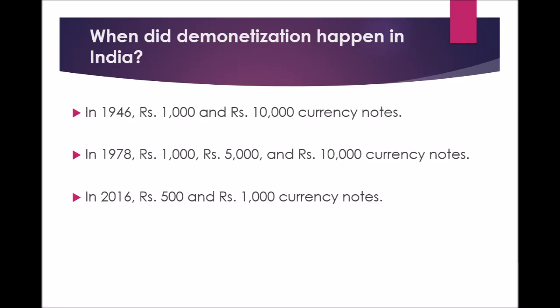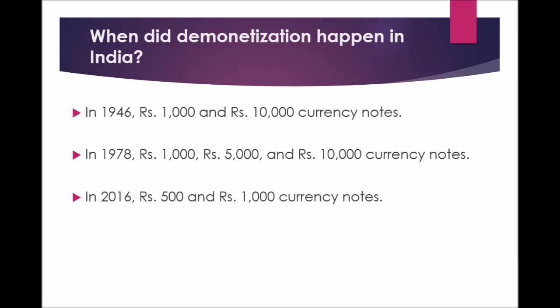So how many times did India experience demonetization? 3 times. First, 1946 of rupees 1000 and 10,000. 1978, 1000, 5000 and 10,000. And November 8, 2016, rupees 500 and rupees 1000.